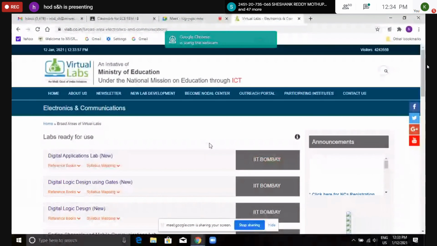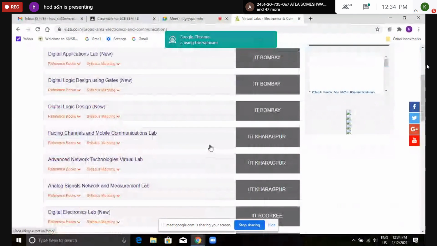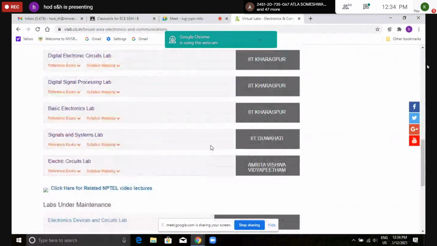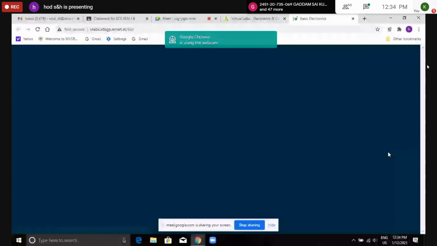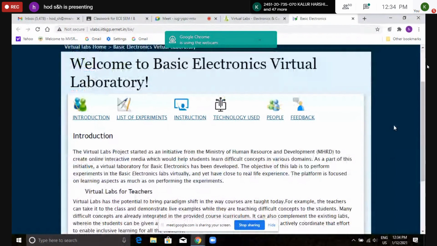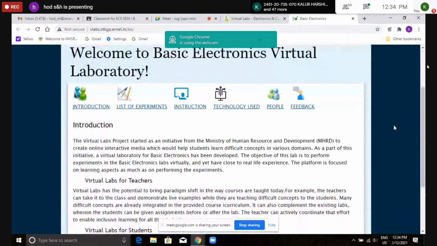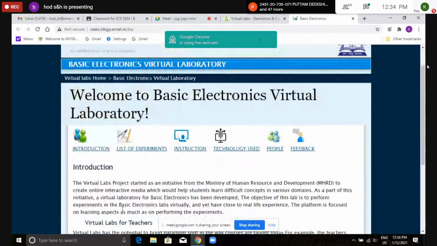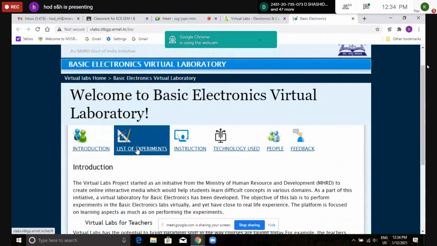Here a number of experiments are there, and in this, you have one more developed by IIT Kharagpur, which is basic electronics lab. This you should click. In this, many basic fundamental electronics experiments are there. And here, once you get this one, you should click list of experiments.